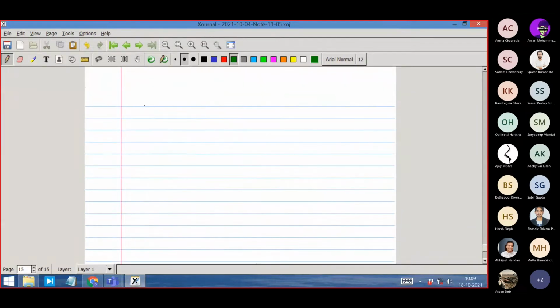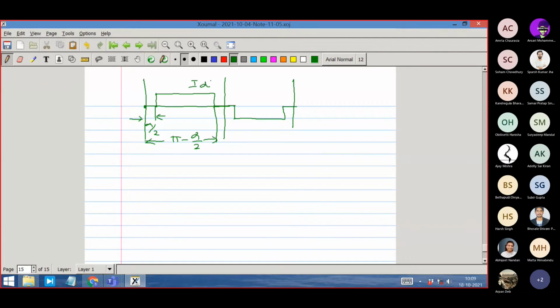So it is my now new 0. With this new 0, the current waveform is this. This is now alpha by 2, and this is now pi minus alpha by 2, and this value is ID.